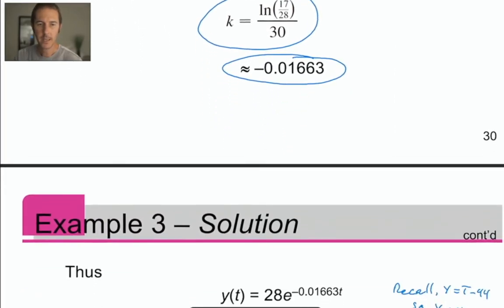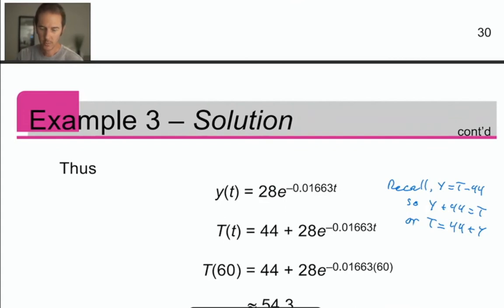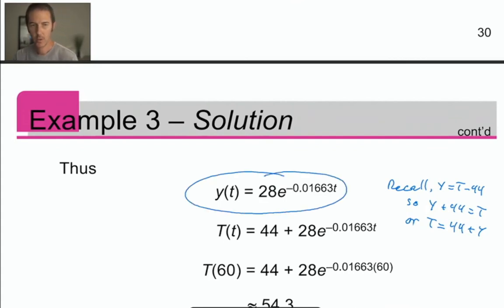And then we take that k value and put it back into our initial equation. y sub t equals c times e to the kt, or you could think of this as y sub t equals y sub 0 times e to the kt.